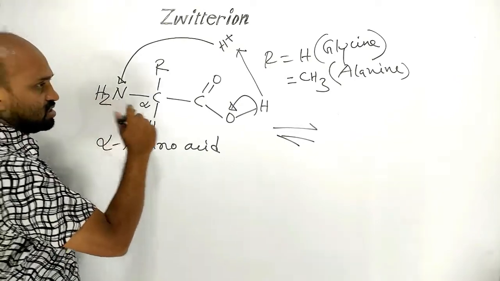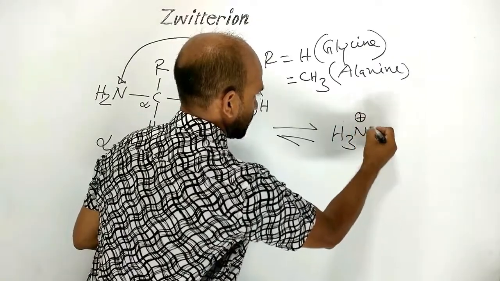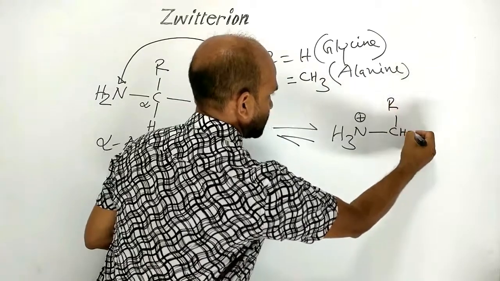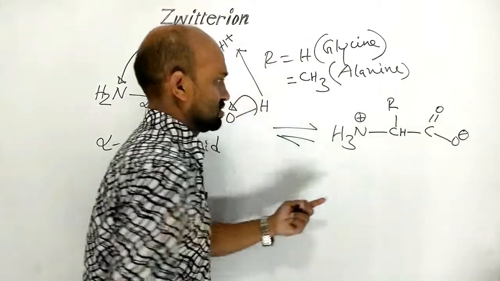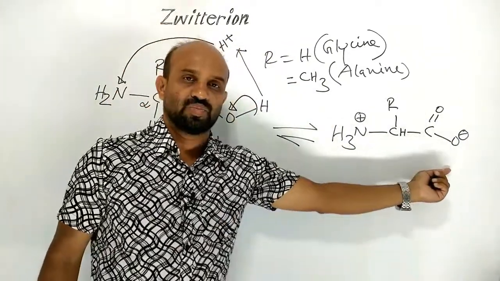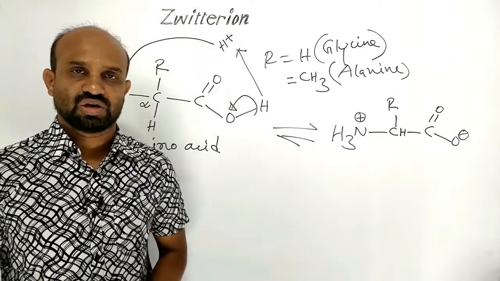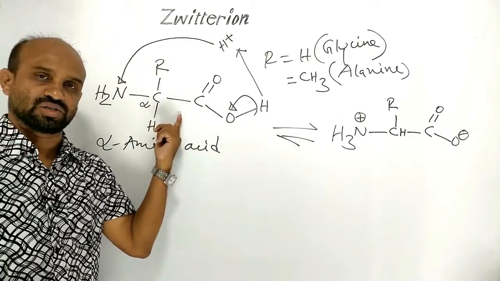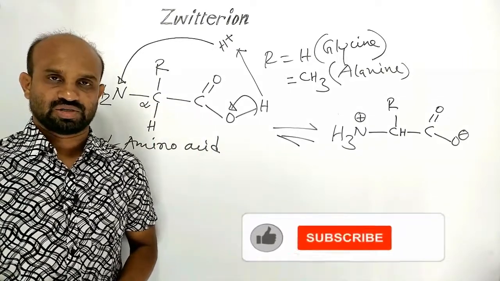After adding here we get H3N, this is plus, CH, here hydrogen, this is minus. Two poles, positive pole and negative pole, a dipolar ion or Zwitterion, which is produced from alpha amino acid. This is the Zwitterion of alpha amino acid.